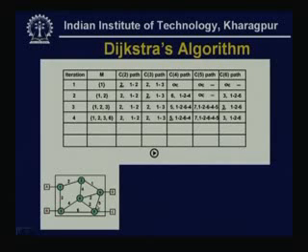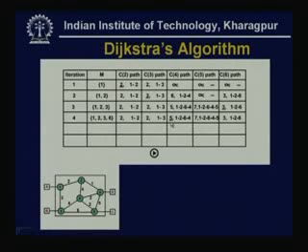And for 5, the cost remains same, 1, 2, 6, 4, 5. So cost is 7. Now after this, cost also remains same, 1 to 6.